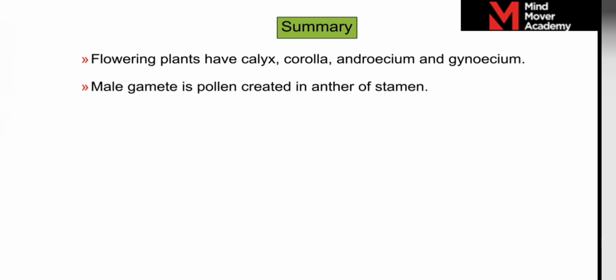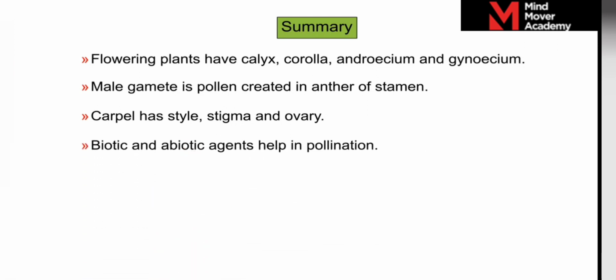Pollen grains or the male gametes are created in the anther of the stamen. A carpel consists of stigma, style, and ovary. Ovary contains the ovule, where the female gamete or the egg cell is formed.